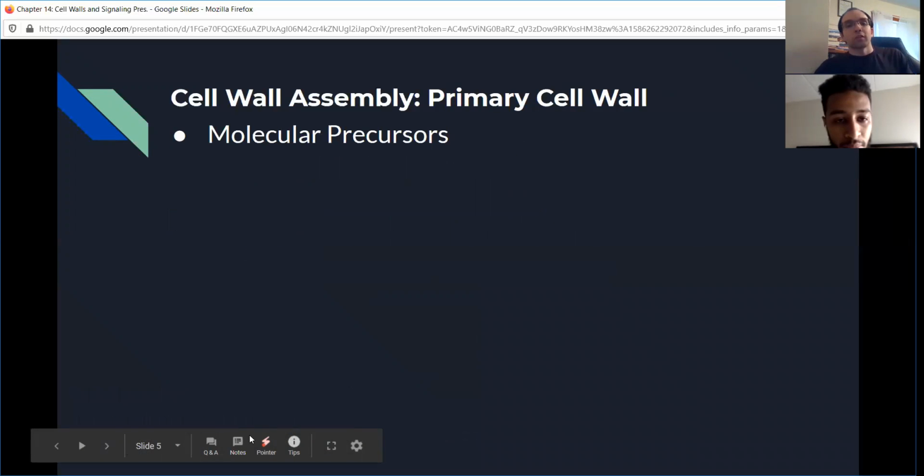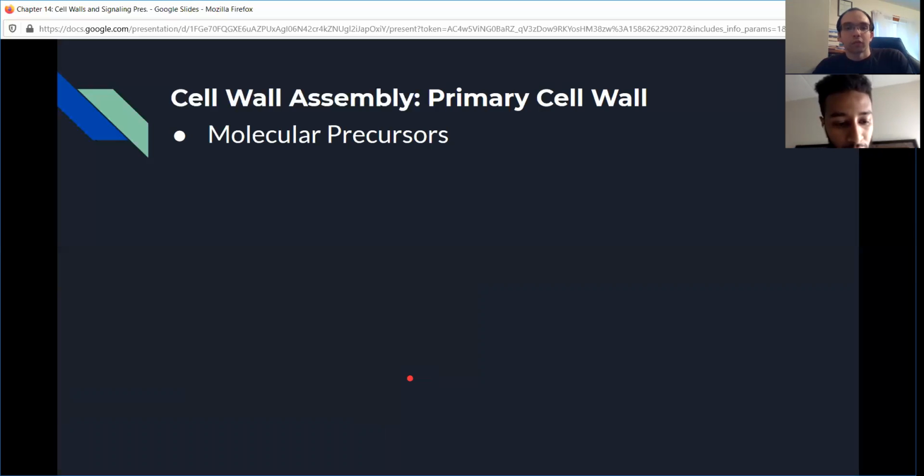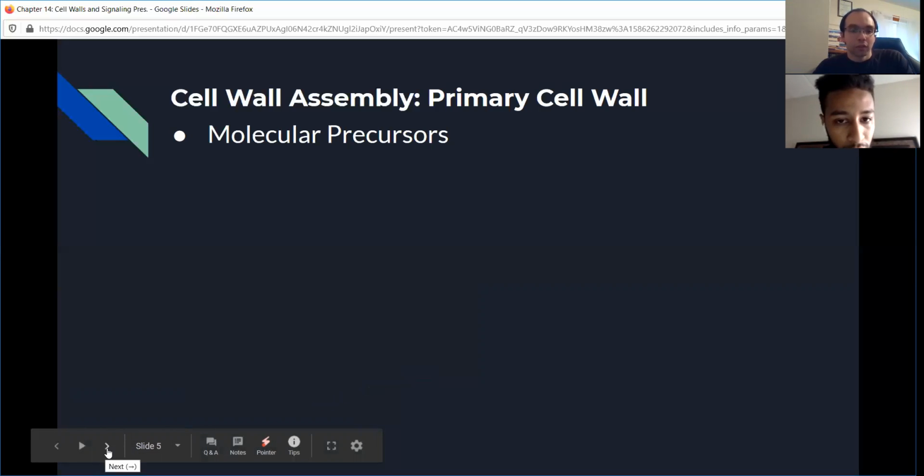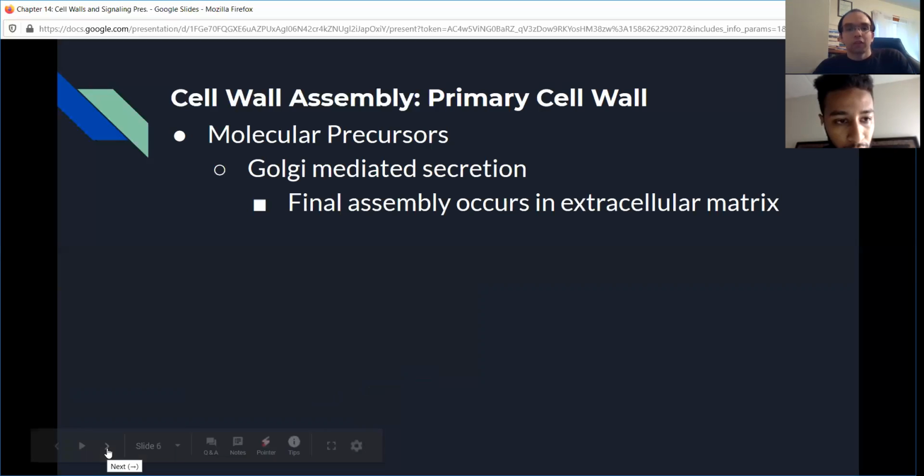So here we're going to move on to the primary cell wall. After the phragmoplast has set up the initial pieces of the cell wall, molecular precursors of the wall have to come together outside of the cell. Those molecular precursors arrive in two ways. The first way is through Golgi-mediated secretion.